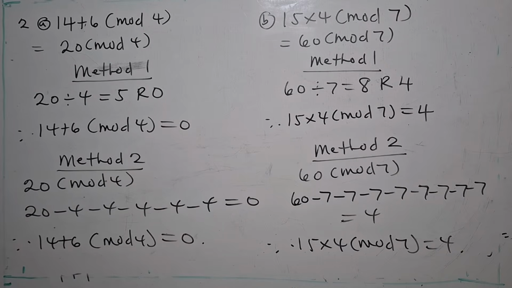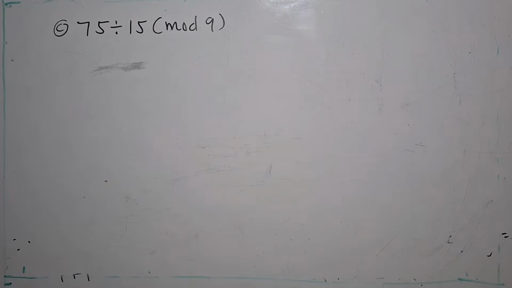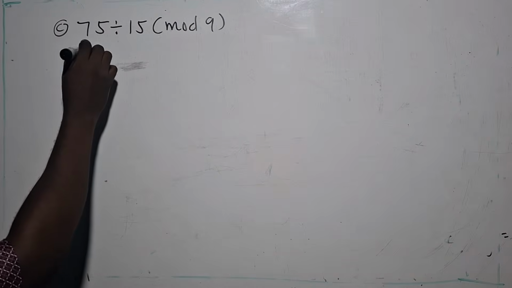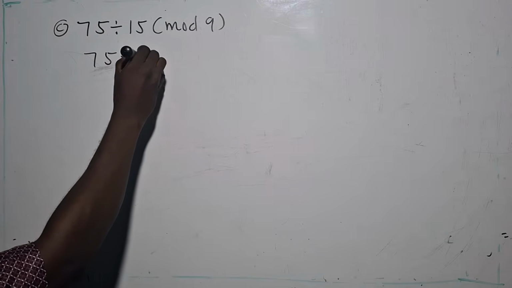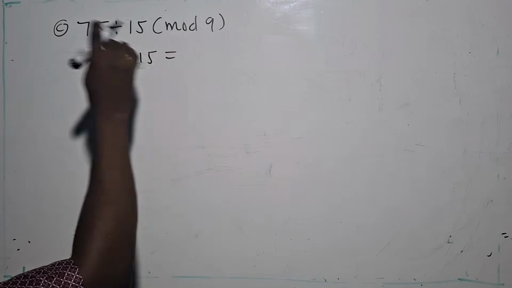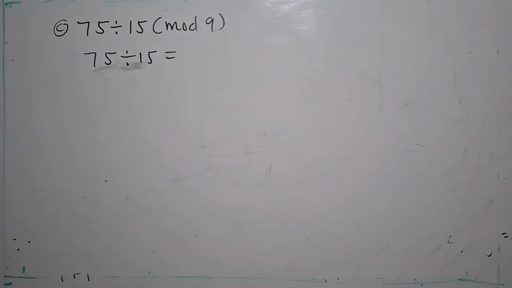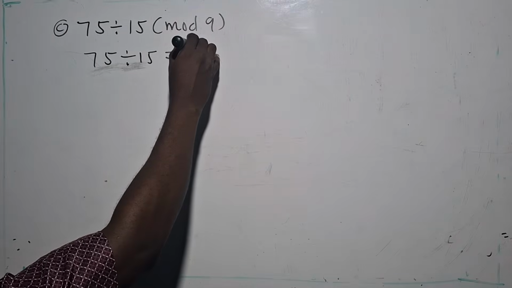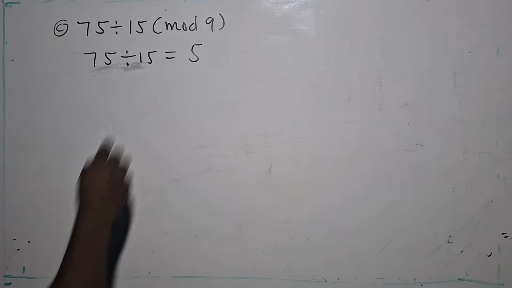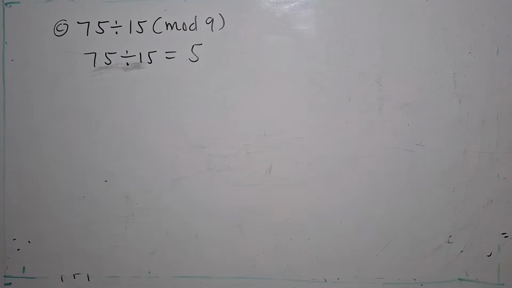So let's quickly do the C. The C is 75 divided by 15 mod 9. 75 divided by 15 is going to give us 5. Since we have gotten 5, which is lesser than the mod, we accept it.